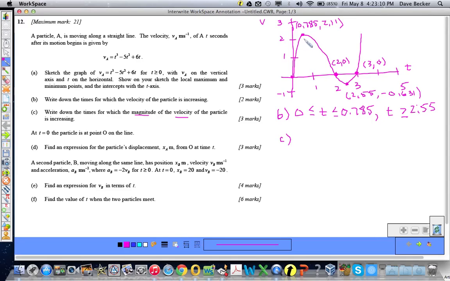The derivative of velocity will give you acceleration, and the derivative gives you the slope of the tangent to the curve. So if I were to draw a tangent line, say here, that is a positive slope, and the velocity is also positive. It's working together. So it's going to be increasing on this first interval, 0 less than or equal to t less than or equal to 0.785. And then what else do we have?